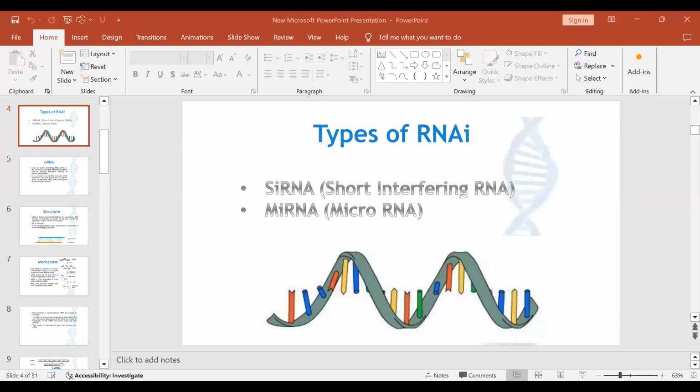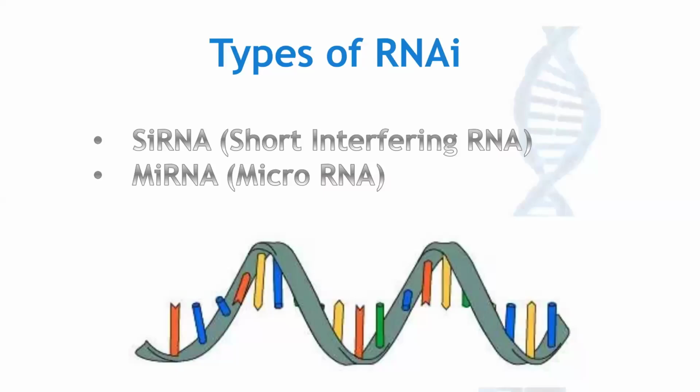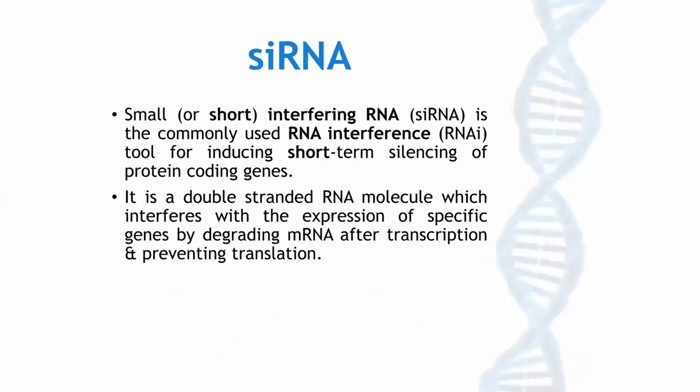Okay, so now we are going to look at the types of RNA interference. Number one, we have short interfering RNA, and then microRNA. These are the two types of RNA interference.